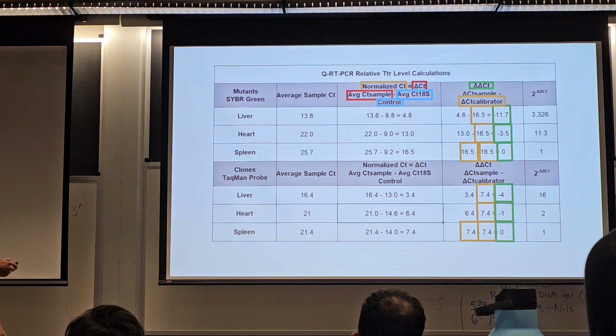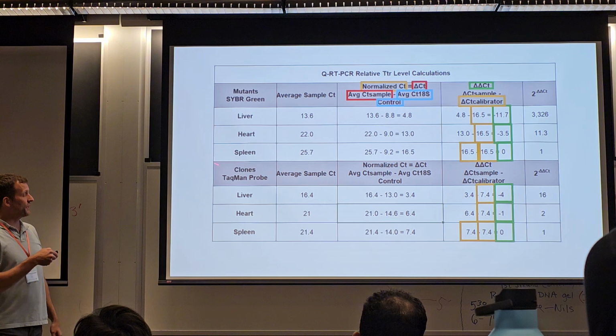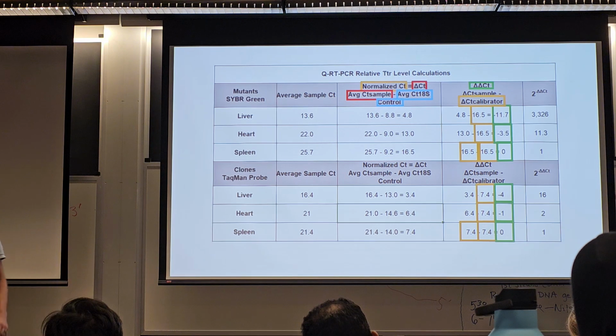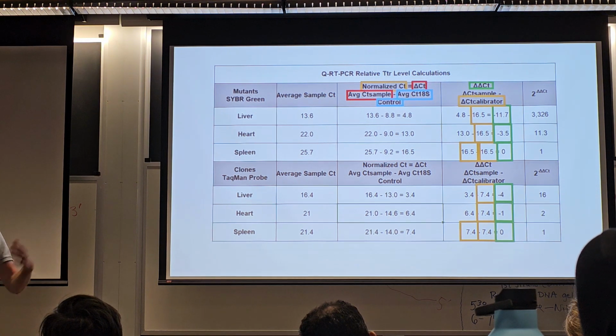So we hold this as our comparator, what we want to compare against. And we're going to determine what fold change difference we have for TTR expression in these 2 tissues. So there was 5 times as much expression. There was 100 times as much expression.